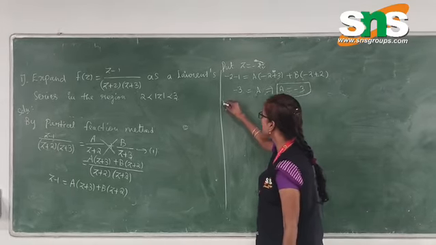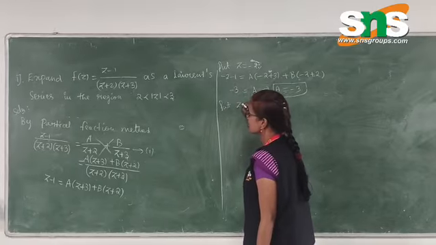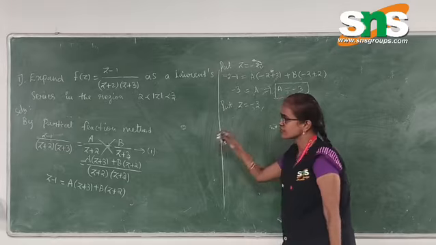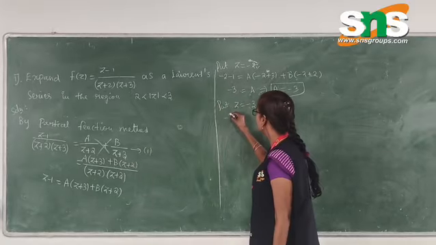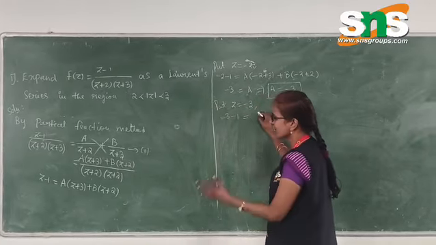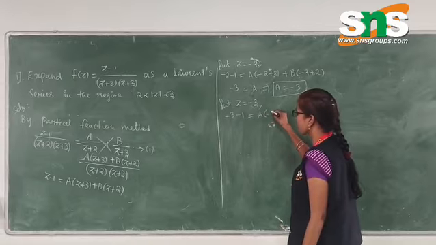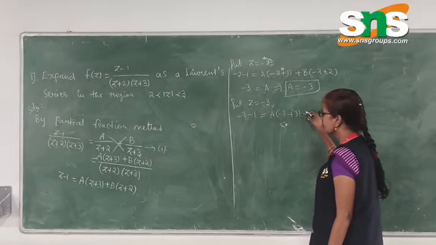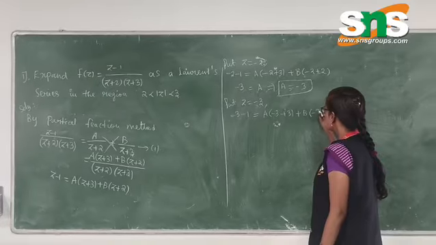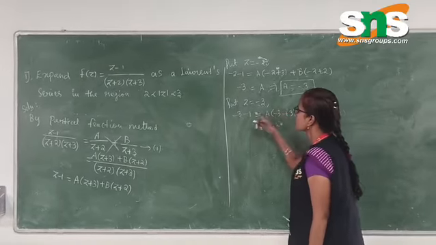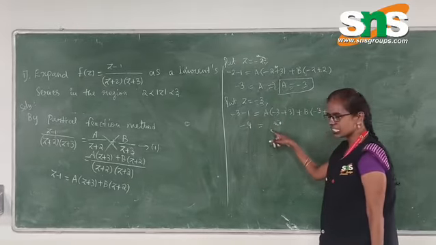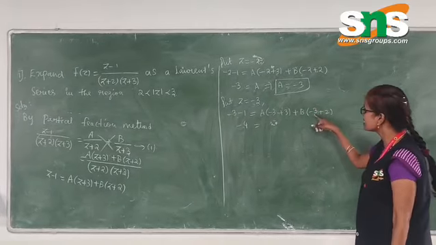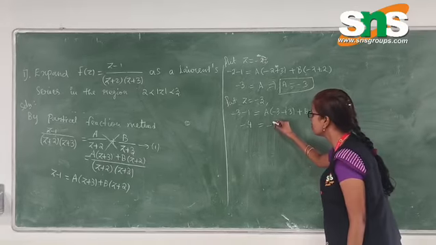Take the second value, z equal to minus 3, and substitute in the same expression. The left side is minus 3 minus 1, and the right side is a into (minus 3 plus 3) plus b into (minus 3 plus 2). So minus 3 minus 1 is minus 4, the first term becomes 0, and the second term is minus 3 plus 2, which is minus b.